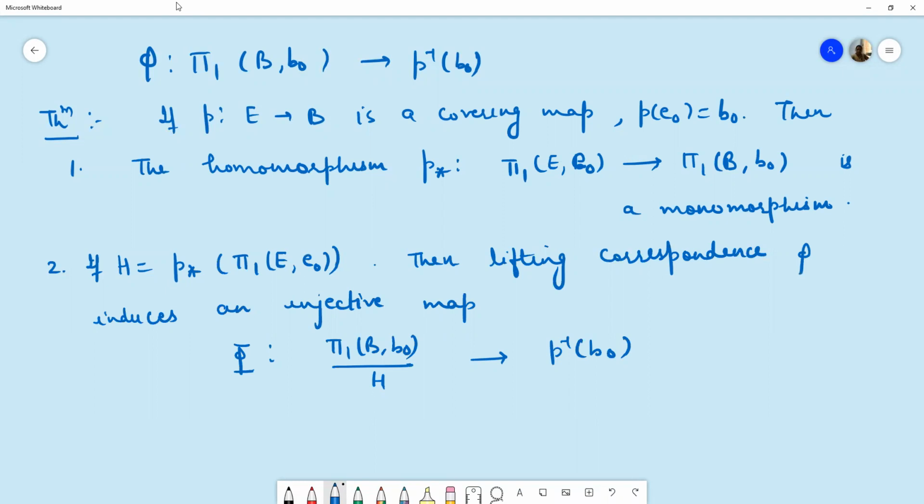Now this capital Phi is from the quotient group, the collection of right cosets of H, into P inverse (b0). So this is an injective map, induced by the lifting correspondence phi. And this mapping is bijective if E is path connected. So if E is a path connected space, then Phi is bijective.